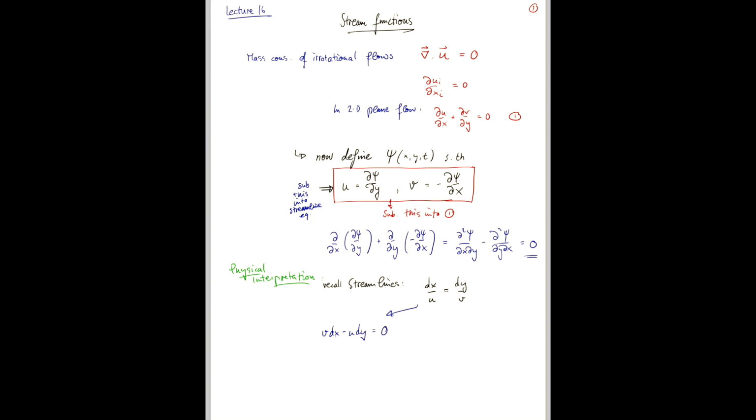So now if I substitute these terms into this equation down here for v and u, I get d psi dx dx plus d psi dy dy is 0.